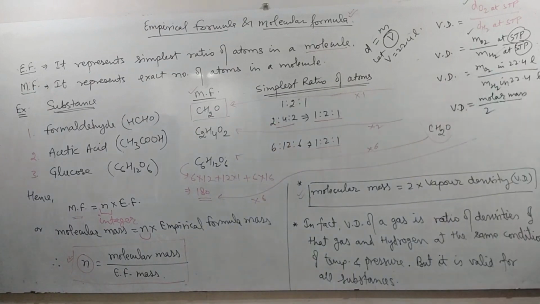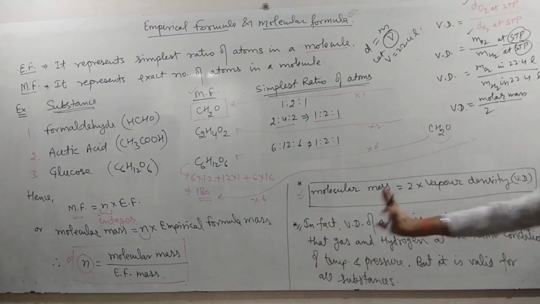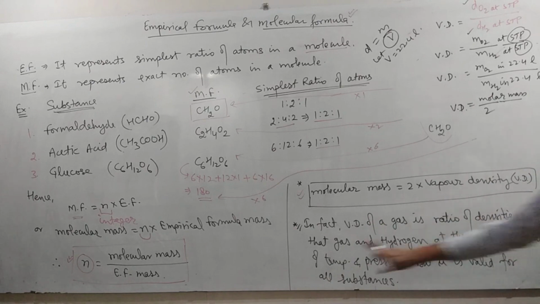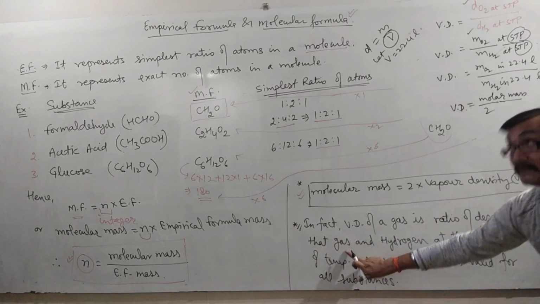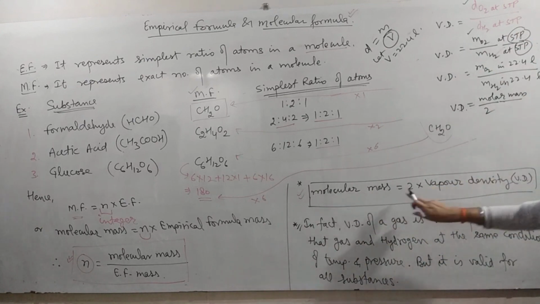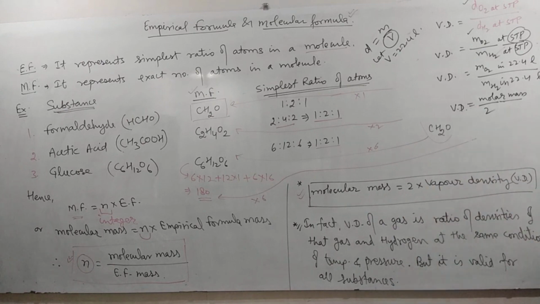Is that clear? So, in fact, what is vapor density? Vapor density of a gas is the ratio of the density of that gas with respect to hydrogen. So the formula is molecular mass is equal to 2 into vapor density.